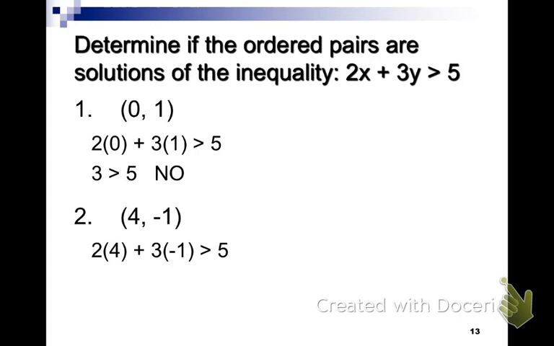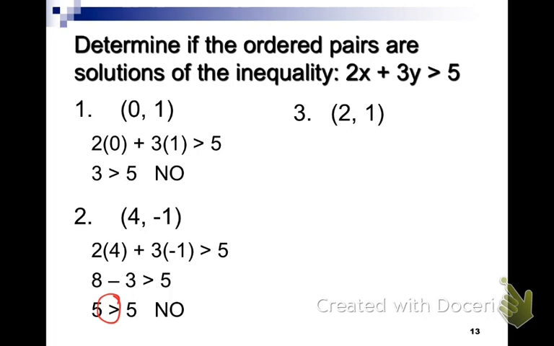So 8 minus 3. Now, 8 minus 3 is 5. 5 cannot be bigger than 5. Okay, so this is one you've got to really pay attention to, since there is no equal to part, it doesn't work. It can't land on that line. It has to be above the line.